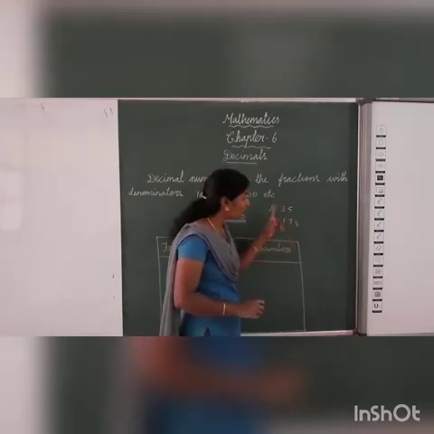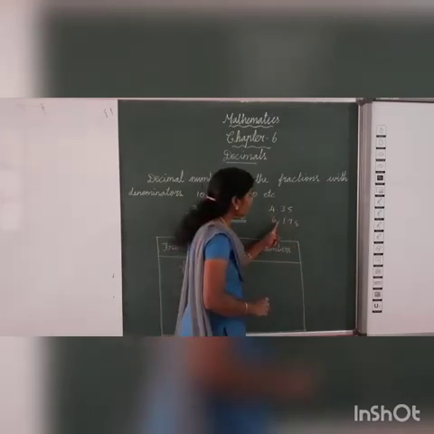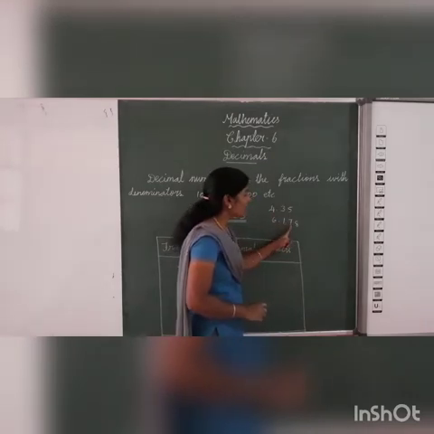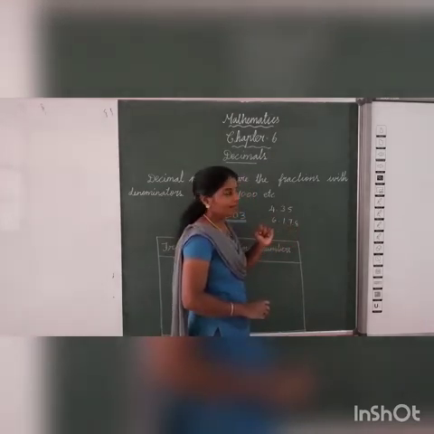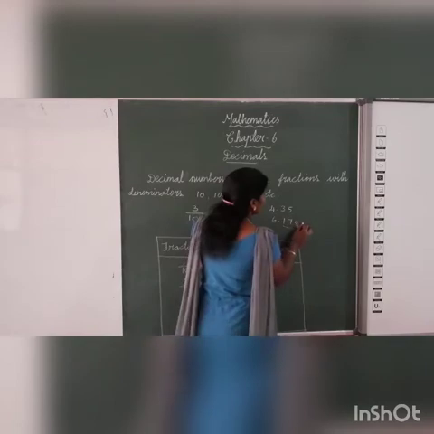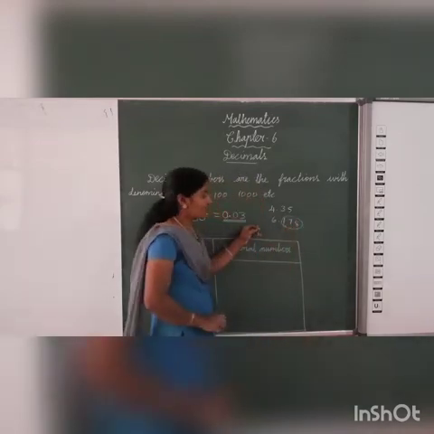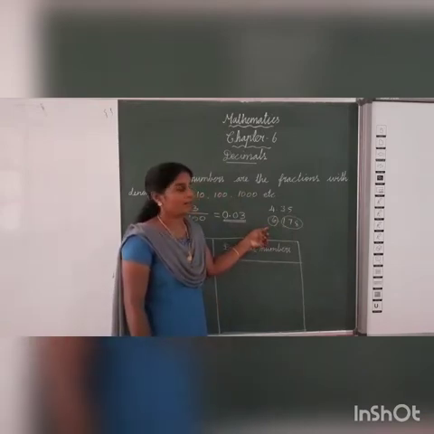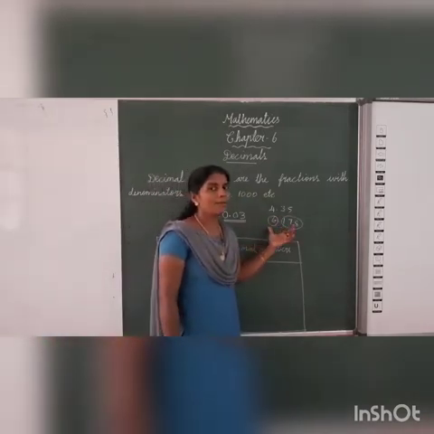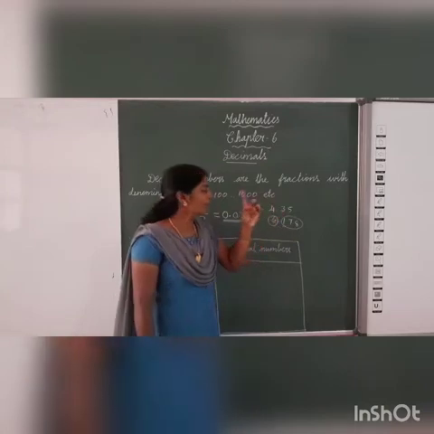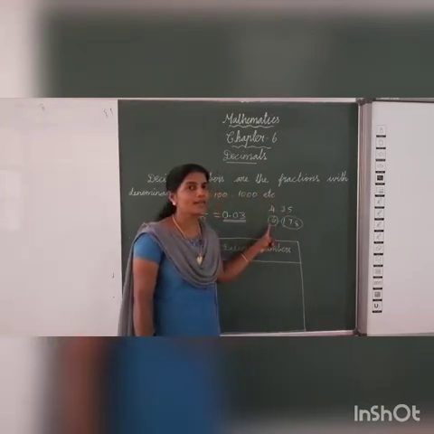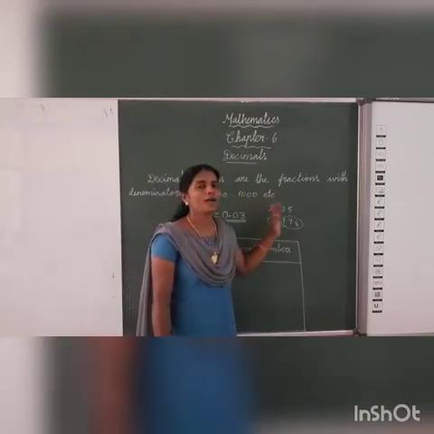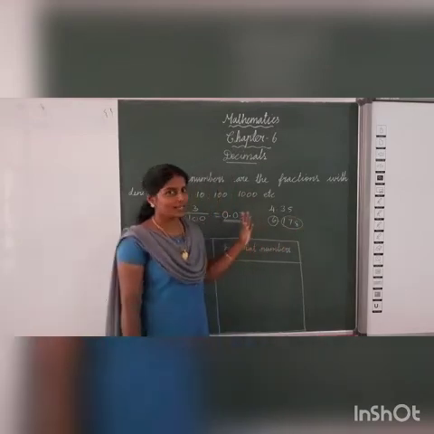That is wrong. Here this is the fractional part. This is the whole part or integral part. In a decimal number, there are 2 parts. First, before the decimal point, the integral part. After the decimal point, the fractional part.